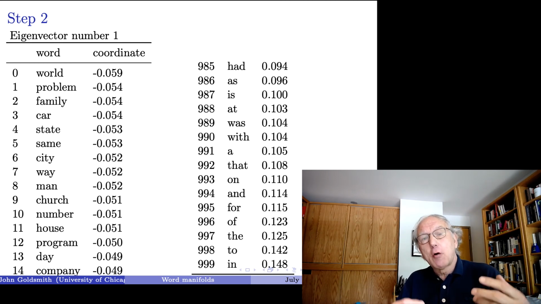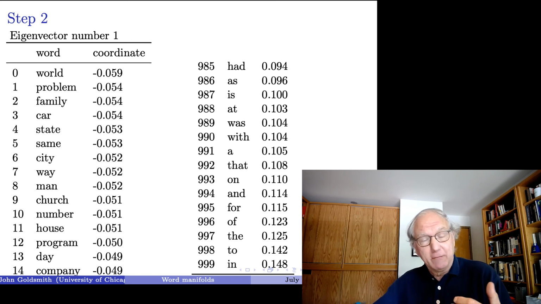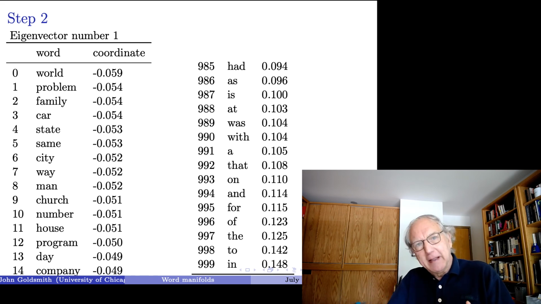Therefore, the coordinates of all the next whole bunch of eigenvectors have to have positive and negative values, such that when you take the dot product of a later eigenvector with the zeroth eigenvector, the result is 0, because eigenvectors always have to be orthogonal. There's a footnote there too.